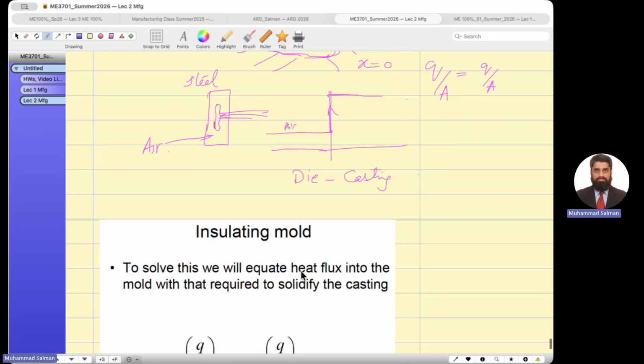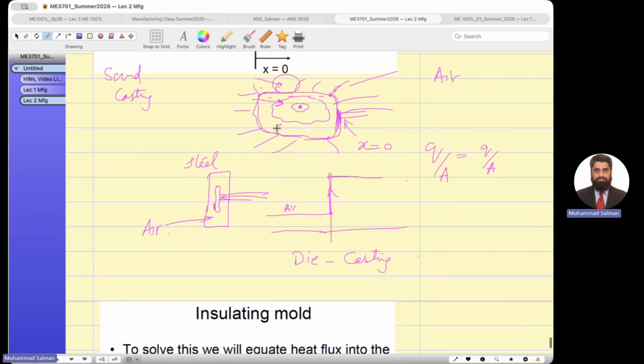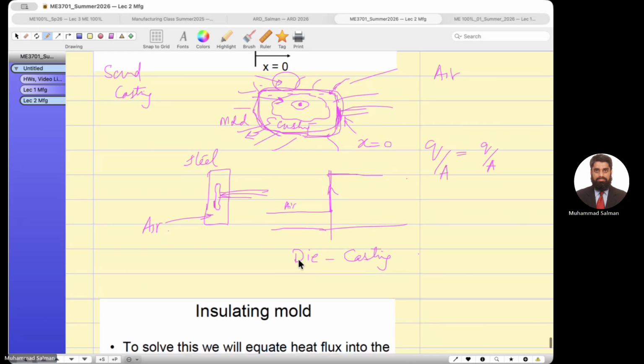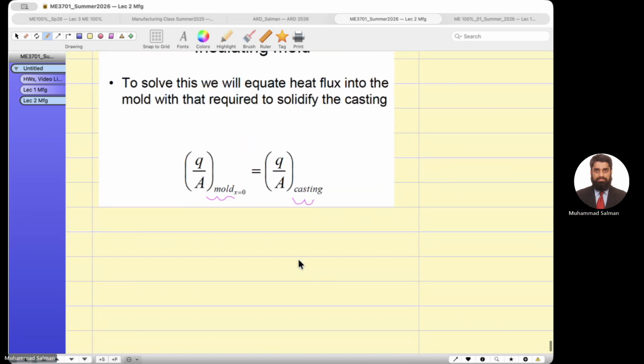This is my casting, and this is my mold. So at this boundary, heat is transferring from here to the mold. The same heat which leaves the casting is entering into the mold. Heat flux per unit surface area.